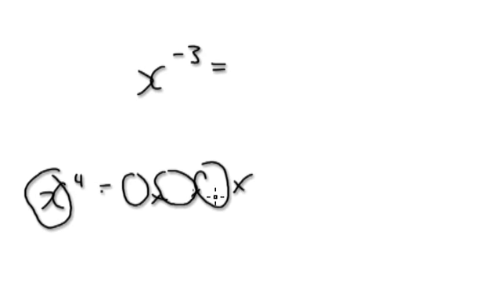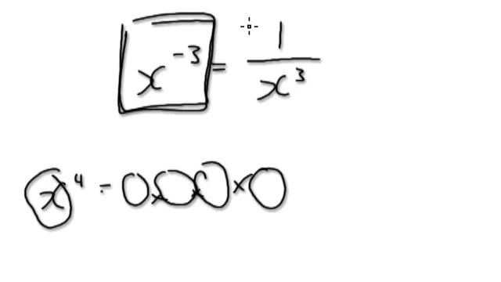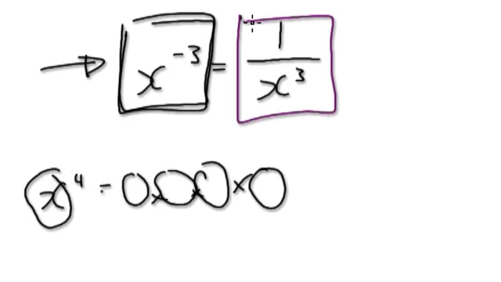But with the minus, just visualize it like this: 1 over x to the power of 3. The minus disappears. That's all it is. Just inside your mind, jump to this.